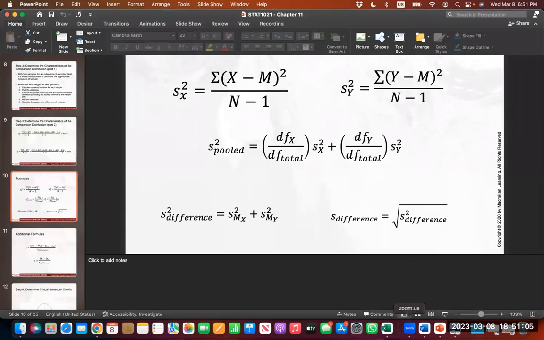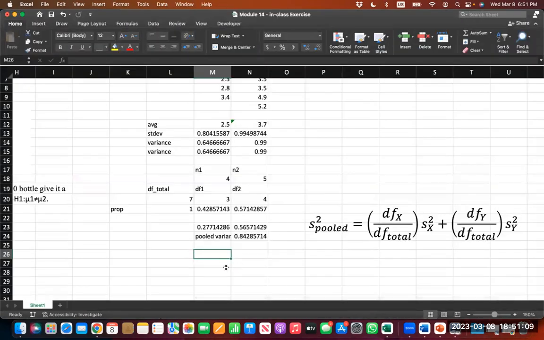So now that would not be the same. Now we need to do this. Okay, so we have now a pooled variance. So we need an SMX and an SMY. And so now this will take the pooled variance divided by our sample size, because it would be standard deviation divided by the square root of the n.